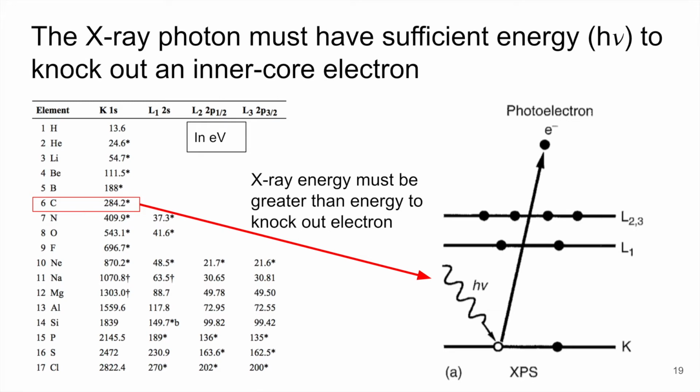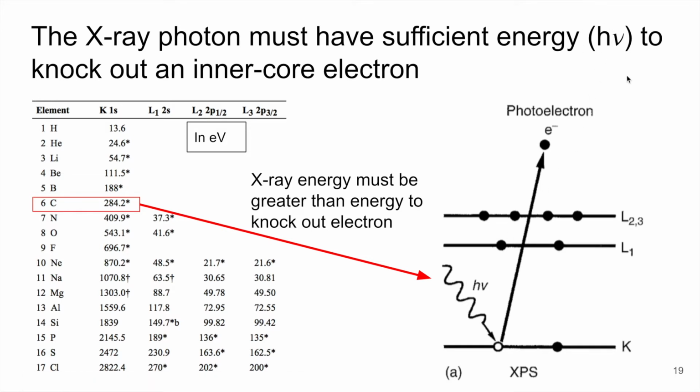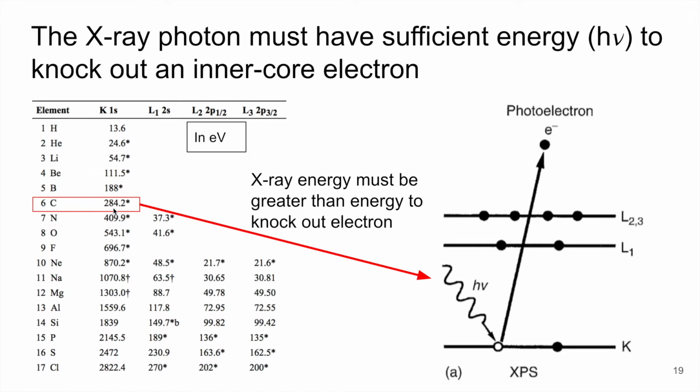All right, so our X-ray photon, the incident beam that's coming into our sample here, must have sufficient energy, and our equation for energy here is hν, in order to knock out one of those inner core electrons. For example, if this electron here is in the K shell of carbon, then these are the energy values in order to bring one of these electrons from that position to what we term the vacuum.